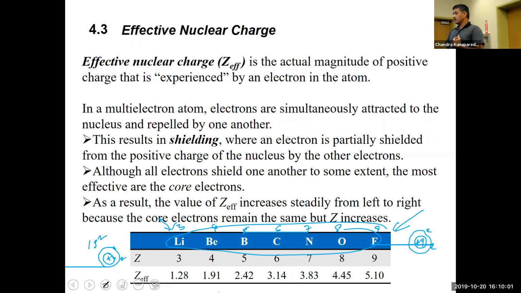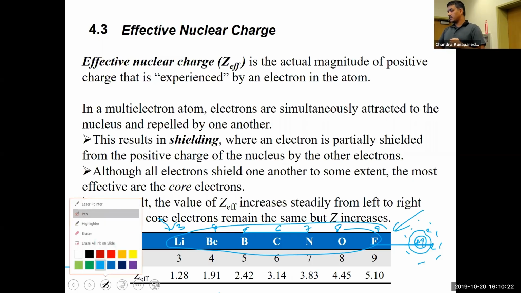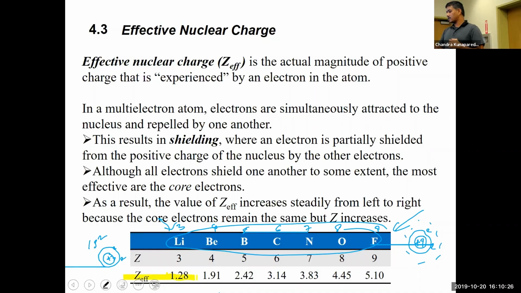Which means the nucleus of fluorine is more effective in attracting its outside electrons much closer, because they were shielded lightly compared to lithium, which has just 3 protons. So that is the trend, and here you can see that the Z effective is increasing from left to right as you are adding more protons for the same core electrons. So fluorine has the most Z effective.